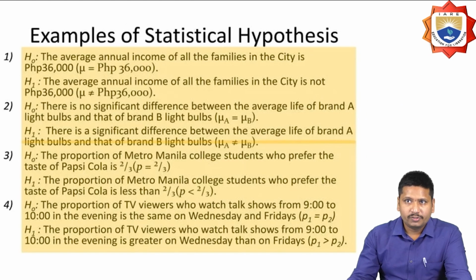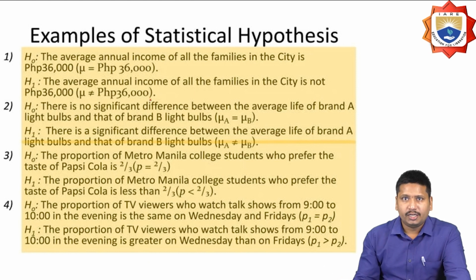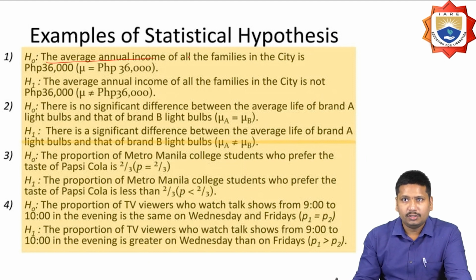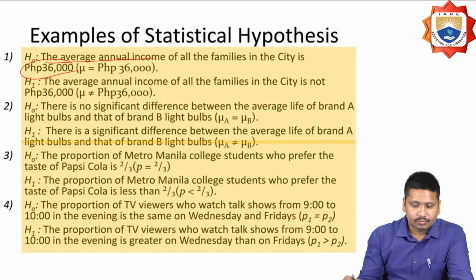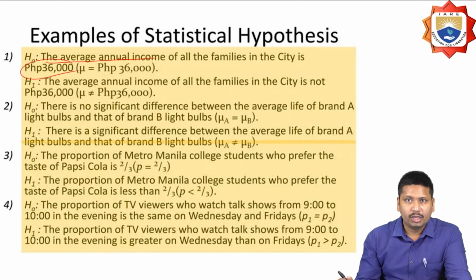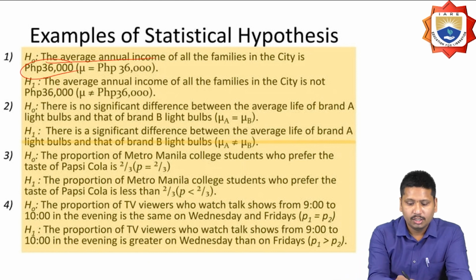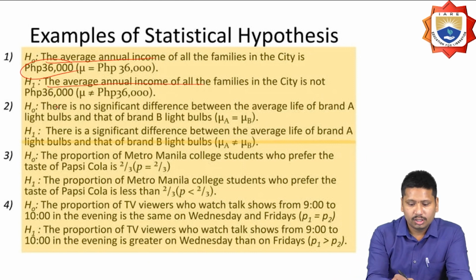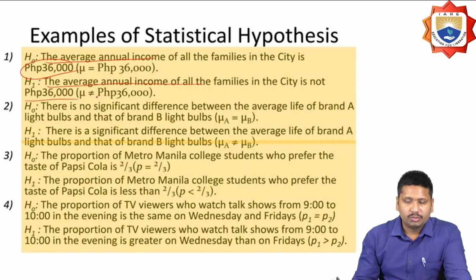So for examples of statistical hypothesis, suppose I take a statement like: the average annual income of all families in the city is 36,000 PHP. This is the null hypothesis. The alternative is that the average annual income of all the families in the city is not 36,000 PHP.